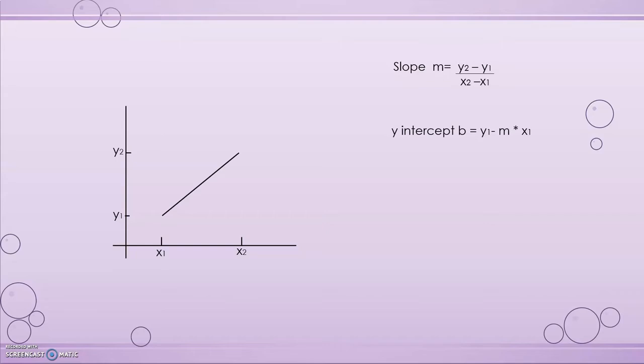I hope it is clear. And we have delta y as y2 - y1 and delta x as x2 - x1.